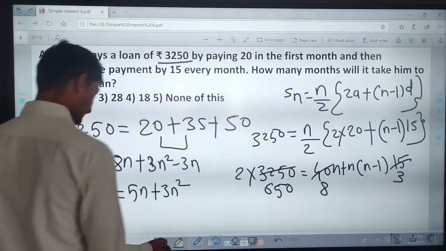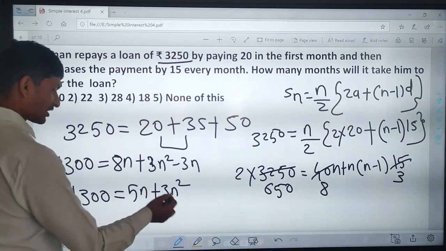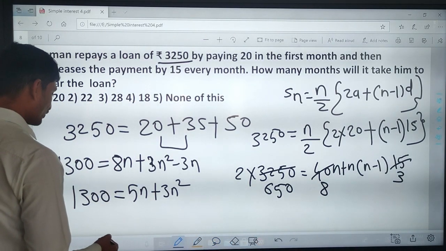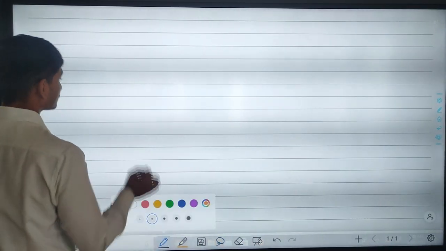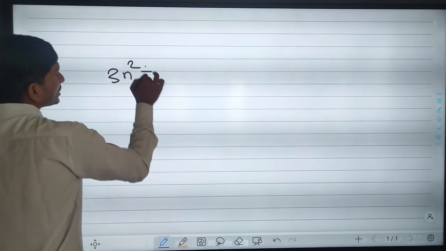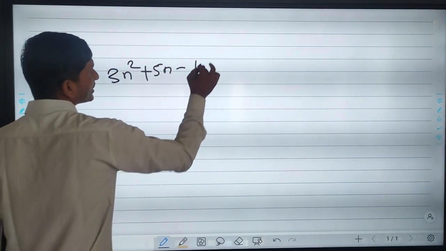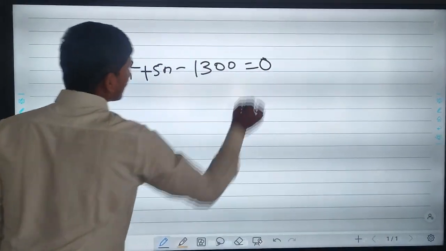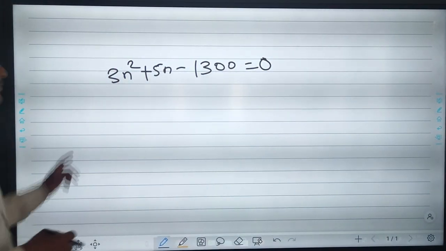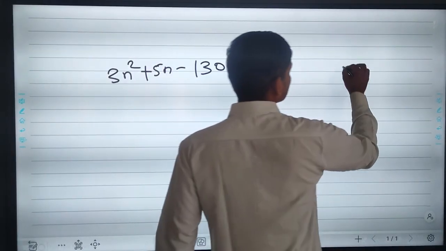Now we write 3n square plus 5n minus 1,300 is equal to 0. Now we solve this.